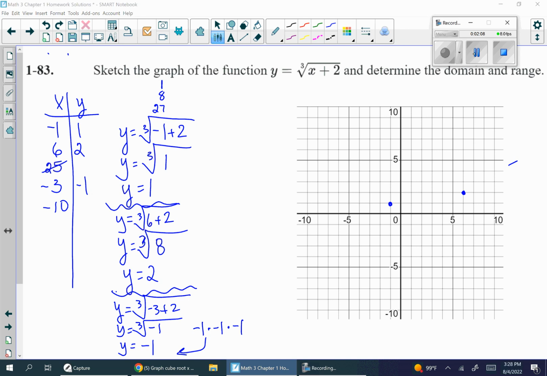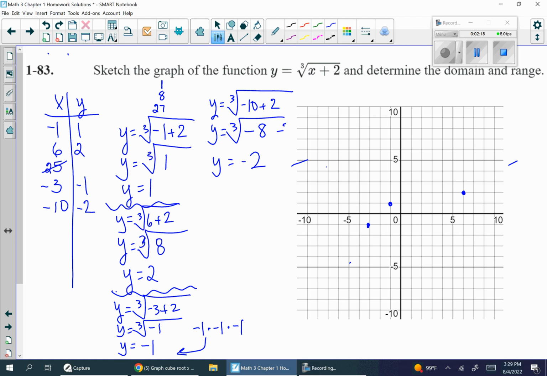And again, another very strategic input, -10. -10 plus 2 is -8, and because it is a cube root, I'm using -2 times -2 times -2, so my output here is -2. So -10, -2 is a point on our graph.